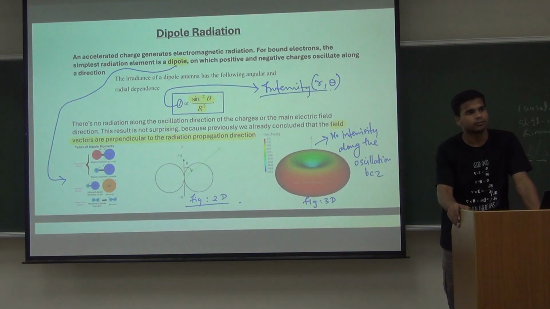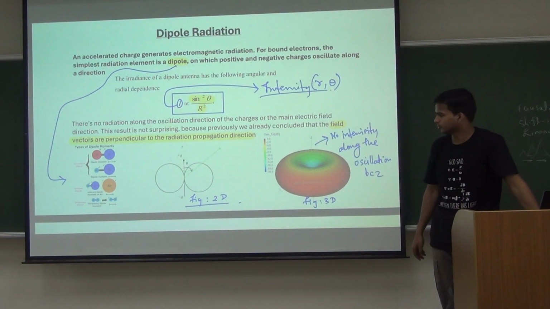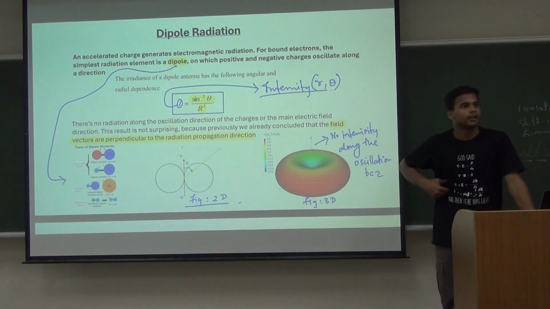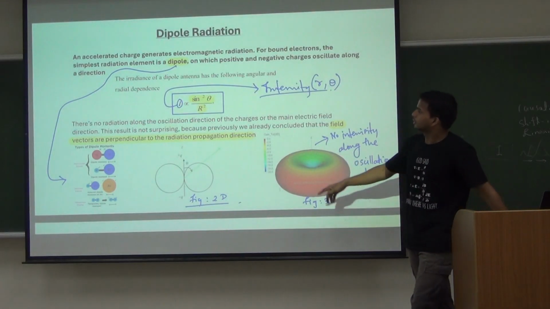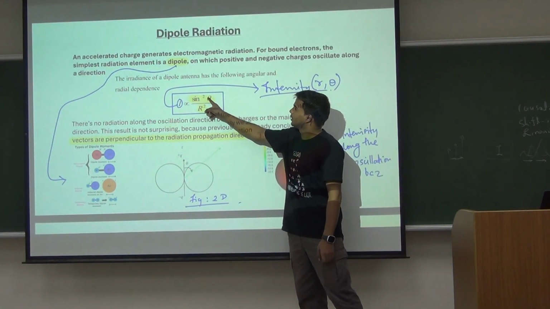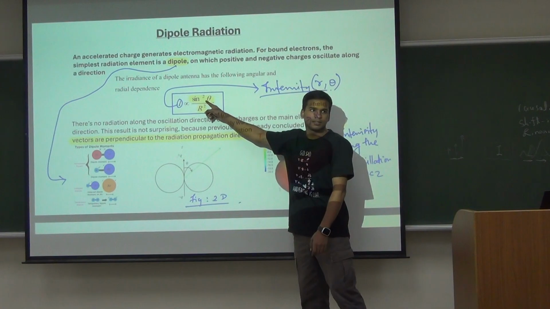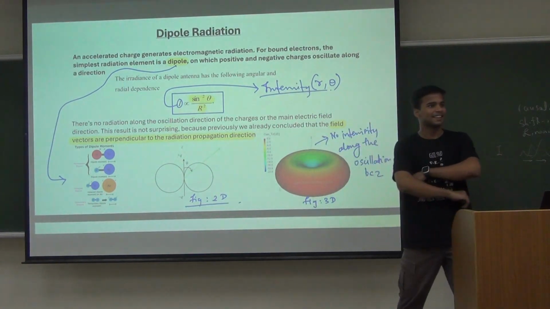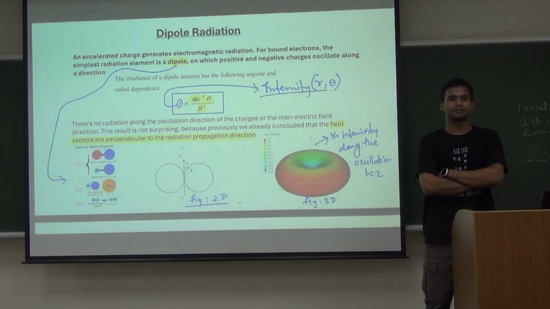Sometimes you accumulate a lot of positive charge here and negative charge here, and then in the next moment the charge will come down and the negative charge will go up. So you're going to have the current oscillating like this. And the strongest radiation is along the transverse direction. Why? Because the angular dependence is like this, and it attains the maximum value there. Now I'm hoping that we don't rely on formulas. Do we have a physical picture? Why?